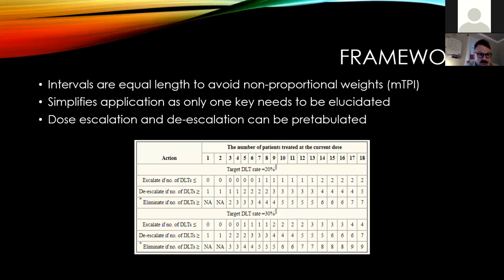Well, according to this table, we should de-escalate, but we don't have any dose to de-escalate to. This just prevents us from having some confusion and not knowing exactly what to do. We need to look at least 3 patients before we eliminate the dose, and we need to figure out what's going on before we make any presumptive decisions.